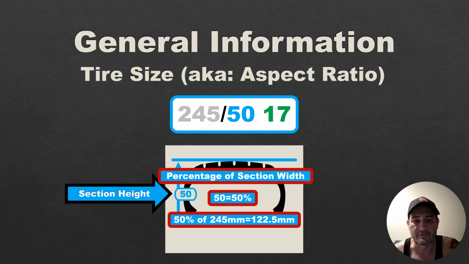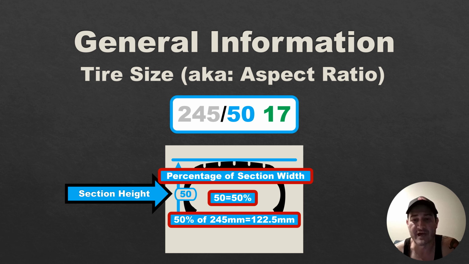So in order to figure this out, we take the 245, we multiply it by 0.5. Or if it were a 265 60 tire, we would multiply the 265 by 0.6. And then we would get our sidewall height in millimeters.